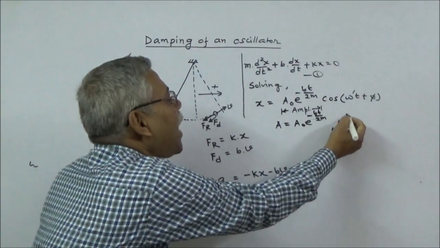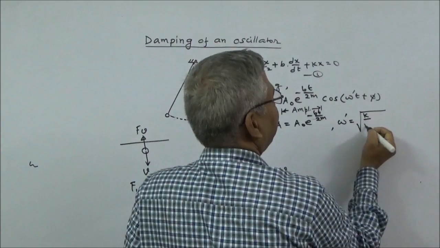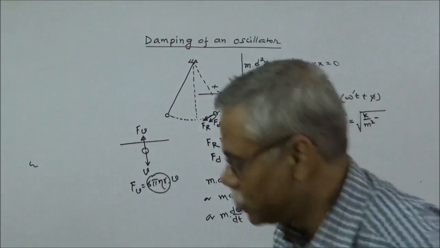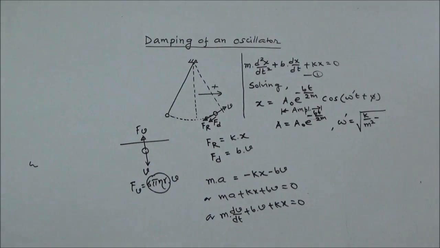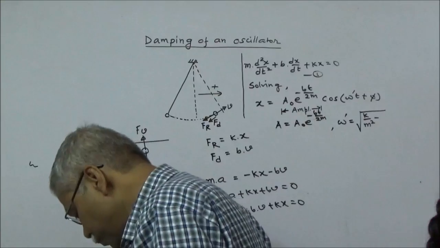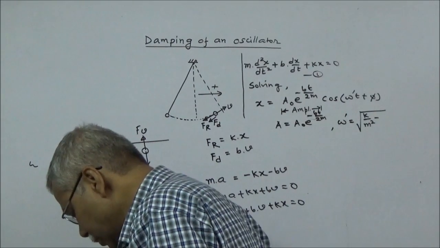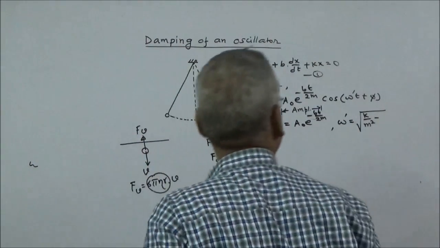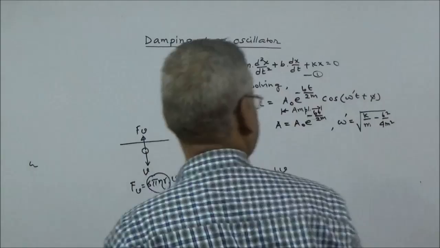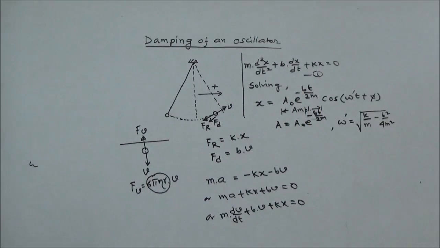You will remember this expression because in JEE Main, problems have come from this expression 2 times in 2 years. And remember the result, omega dash equal to root over k by m minus b square by 4m square.